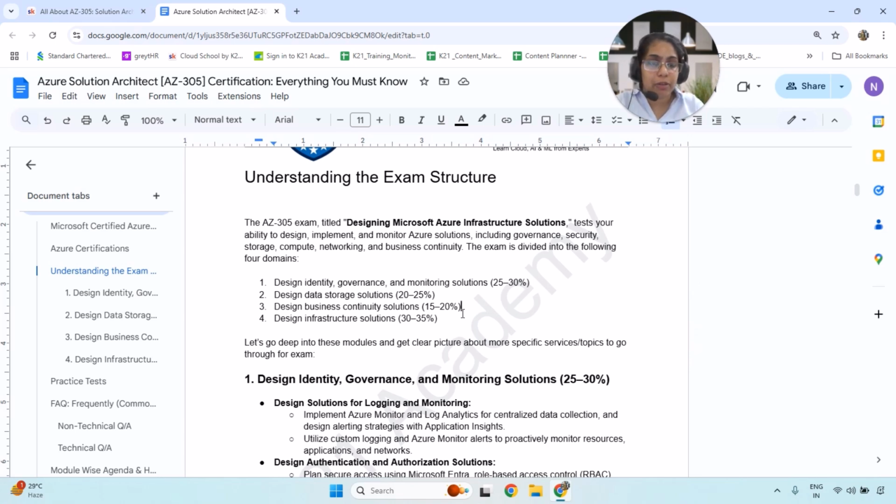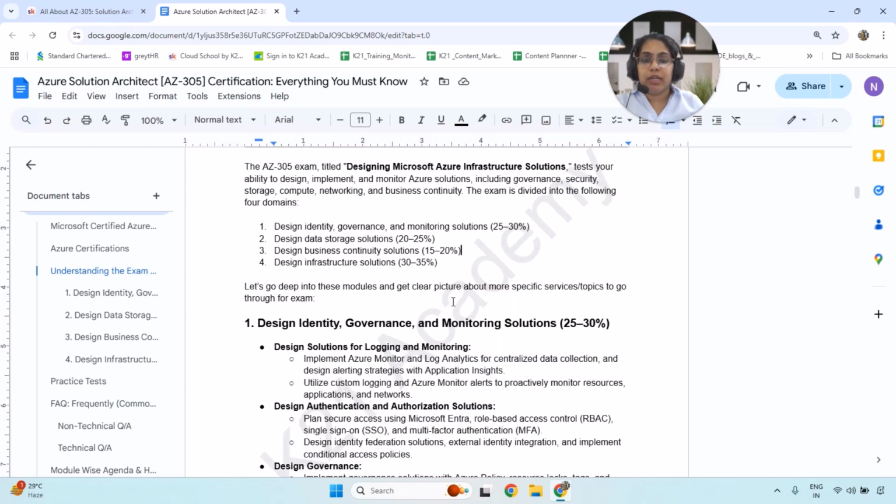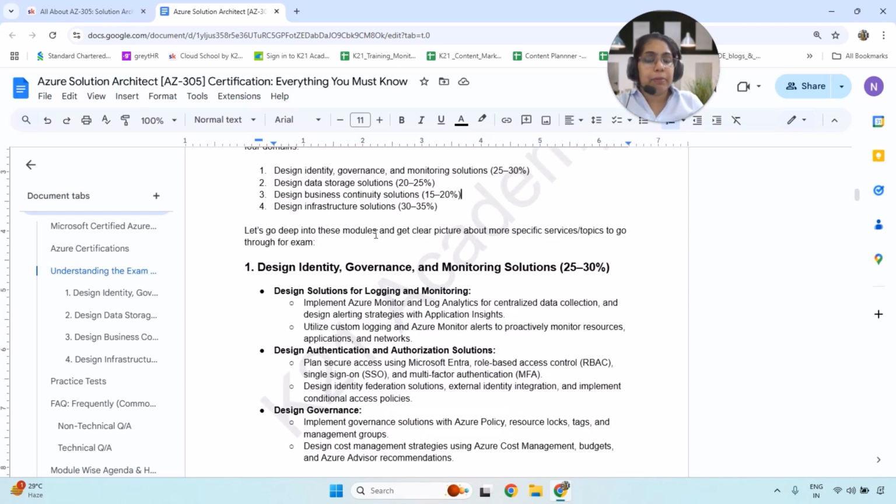Now let's go deep into these modules. We are going to talk a bit more about these domains, and we will get a clear picture about the more specific services or topics which you should go through for the exams. Coming to the very first domain, design, identity, governance and monitoring solution, it has a weightage of 25 to 30%.